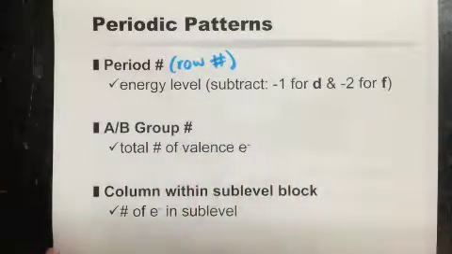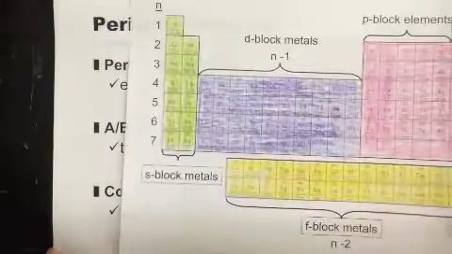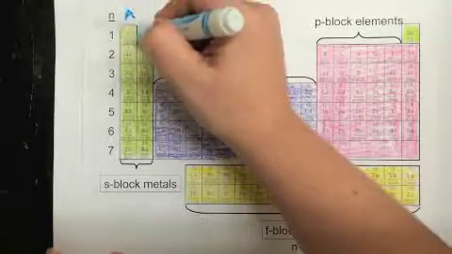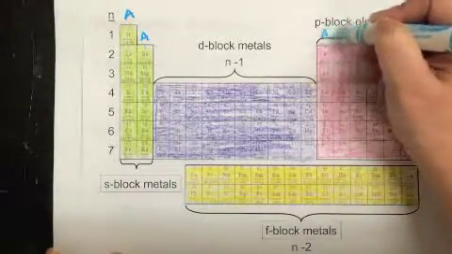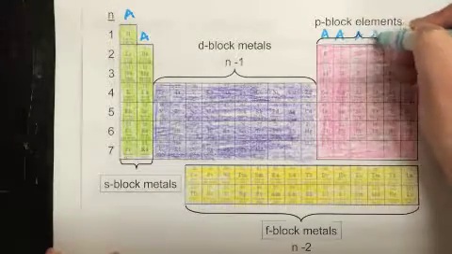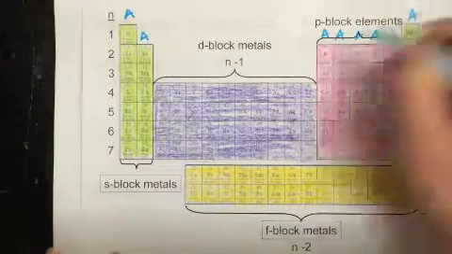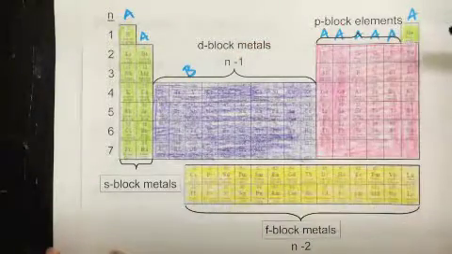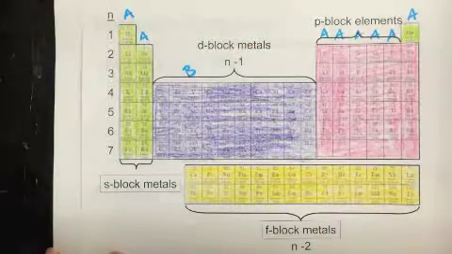The AB group number is the total number of valence electrons. So on your reference table, these have A's written on top of them, and all of these have B's written on top. And the Roman numeral that is there tells you the number of valence electrons.